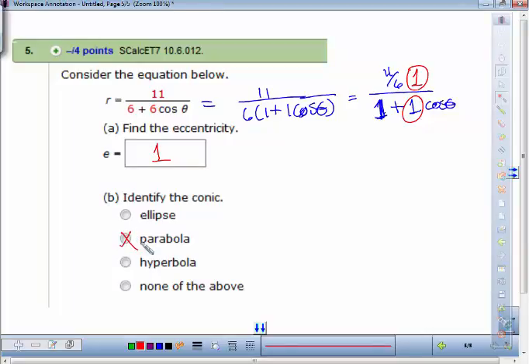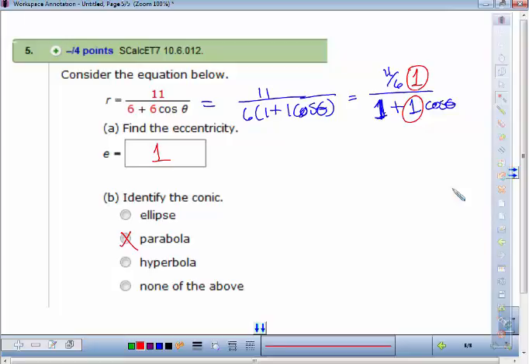It's a parabola. So the next thing it's going to ask us is to find the Cartesian equation of this thing, and then try to graph it.